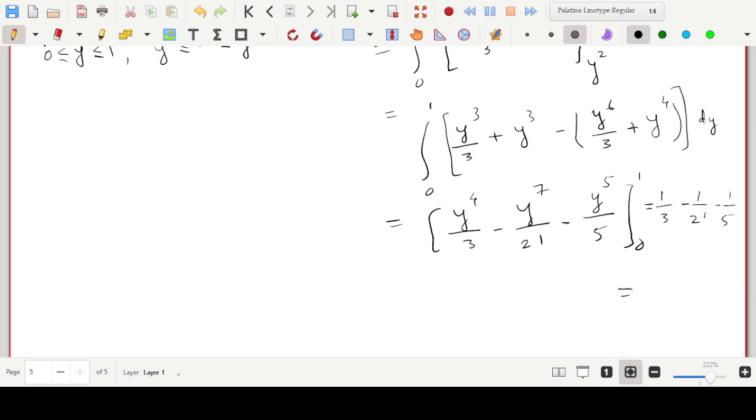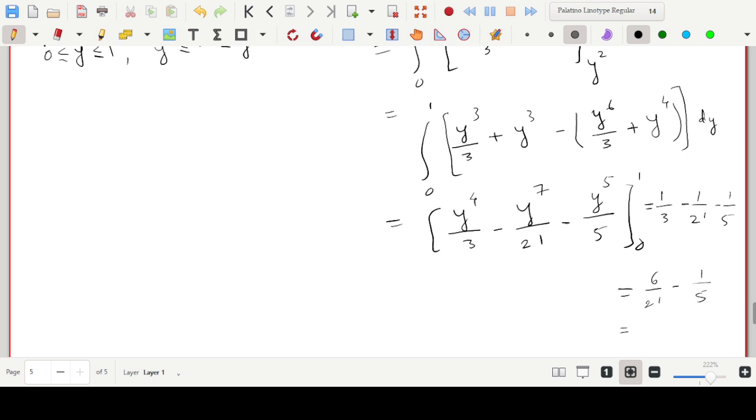Let us try to compute this. If we multiply this by 7, 7 minus 1 is 6 over 21, minus 1 over 5.